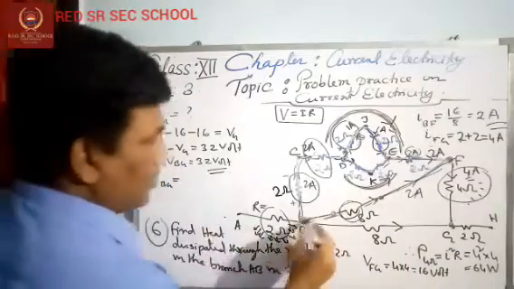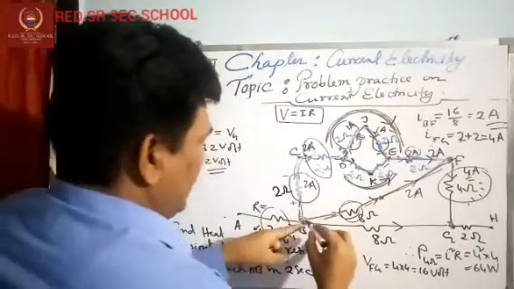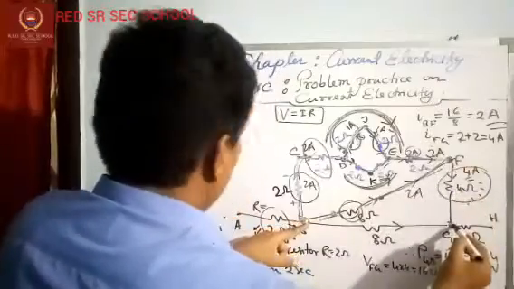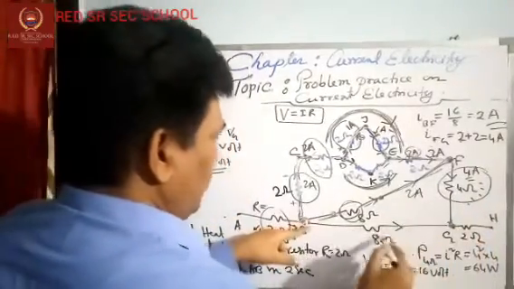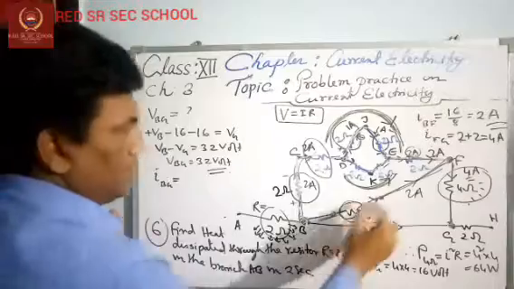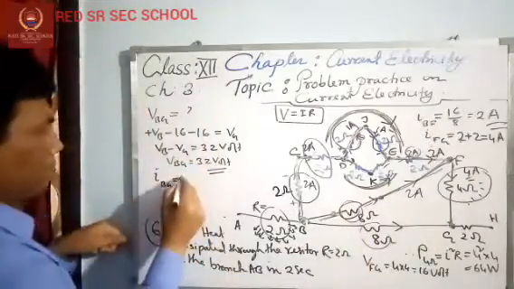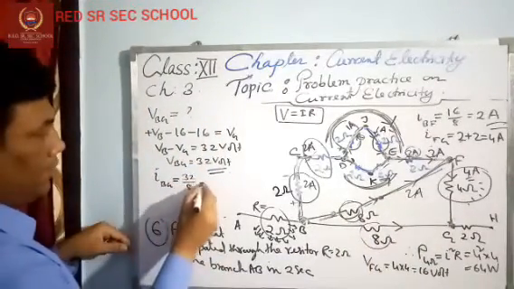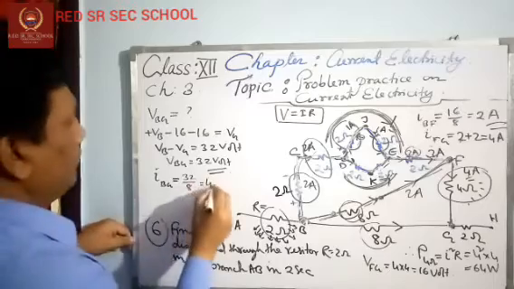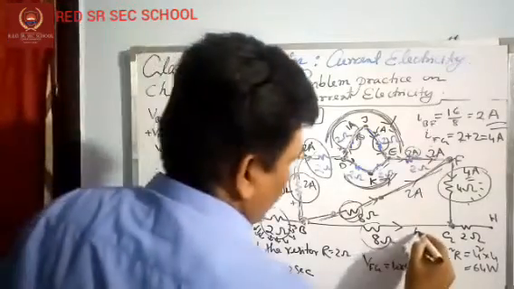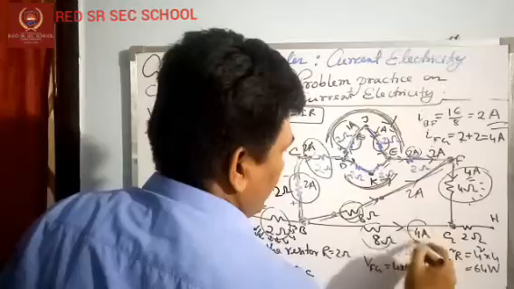So what is the voltage between these 2 points? As you have calculated, the potential difference between these 2 points is 32 volt. That 32 volt will be experienced by the 8 ohm also, because this branch and this branch will be parallel. So 32 upon 8 equals 4 ampere. It means 4 ampere will be flowing that way.